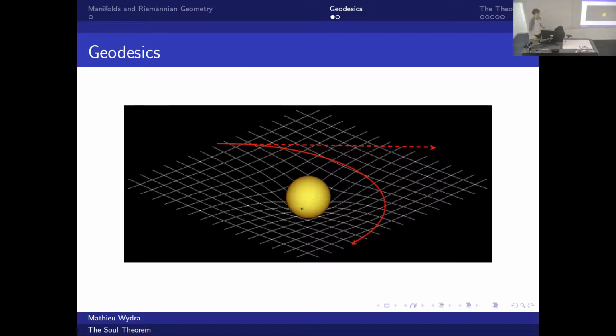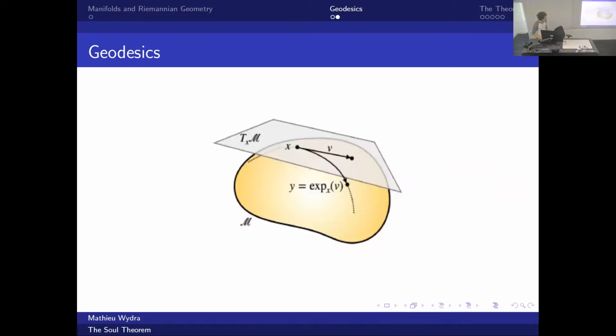Feel free to ask me more at the end about this, but I think we have to move on to less conceptual ideas and more just plain symbolism. We're going to introduce this function here, the exponential map on the surface. You pick a point, here it's x.